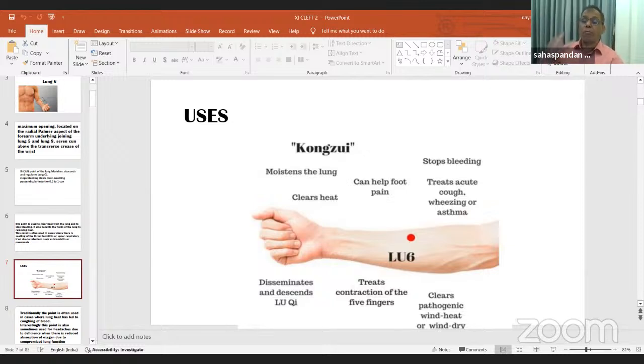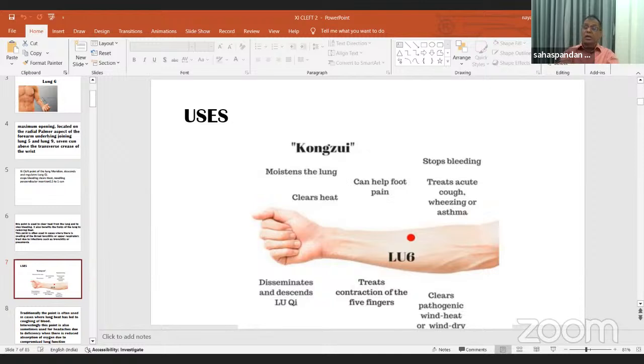So these patients often have headache induced by excess phlegm and a lot of cough. In such a condition, if there is headache, this point is also sometimes used. It is also used for hemorrhoids as it can clear the large intestine. In piles, if it is bleeding piles, this point works.